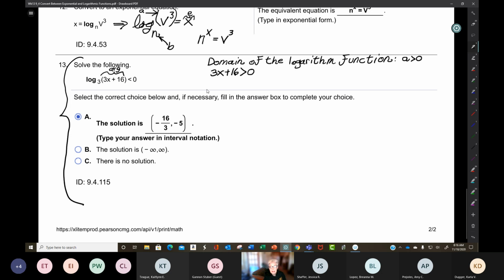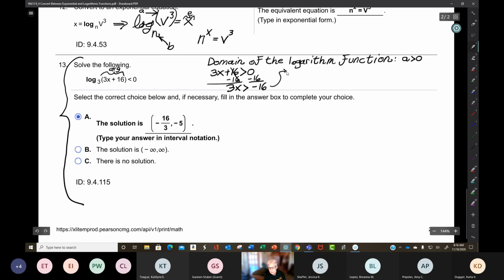And this will be because we have a positive number in front of the x. We're not going to have to worry about reversing signs or anything else. So I'm just going to subtract 16 from both sides. That will zero out the 16 over here, leaving me with 3x. Bring down the greater than sign. 0 minus 16 is negative 16.